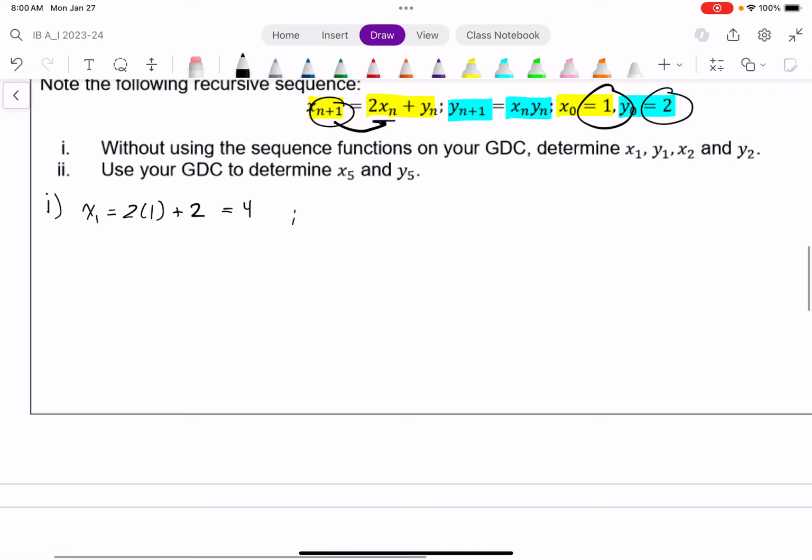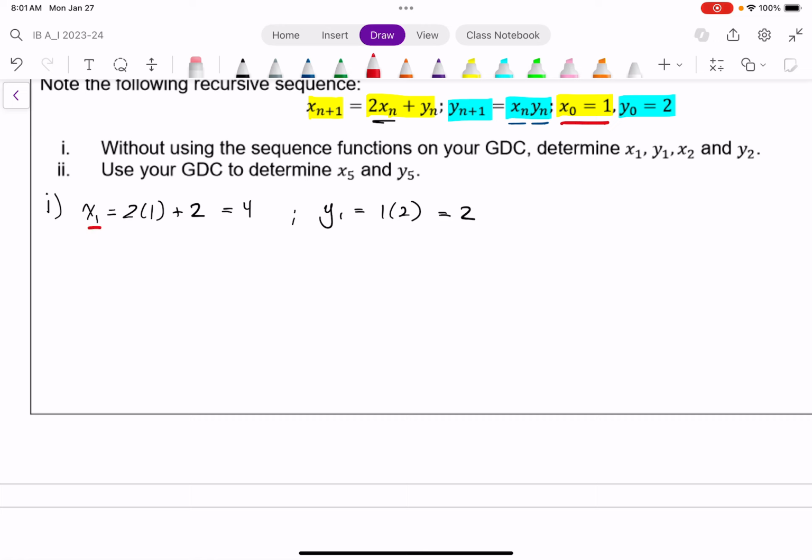I can do something similar for y_1. y_1 is going to be the same as x_0 times y_0, the previous ones. So y_1 will be x_0, which is 1, times y_0, which is 2. And so we get 2. Now we know that x_0 is 1, x_1 is 4, y_0 is 2, y_1 is 2.